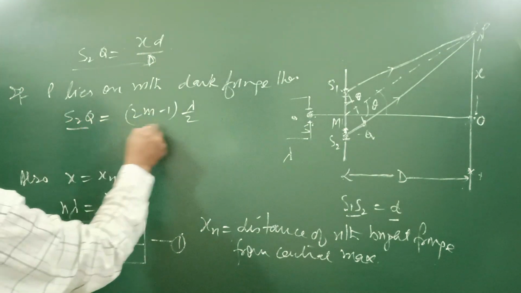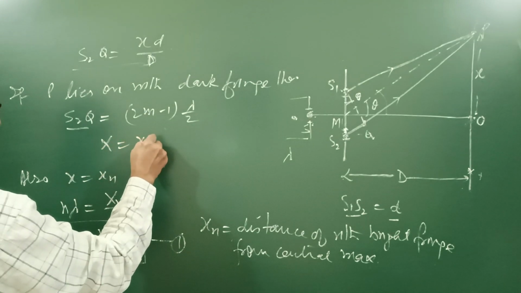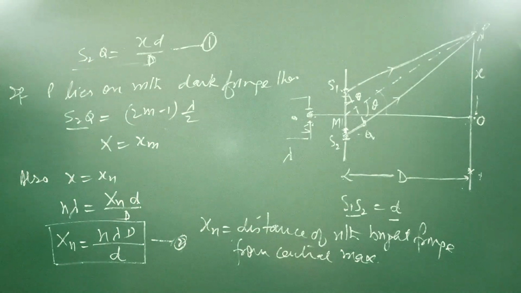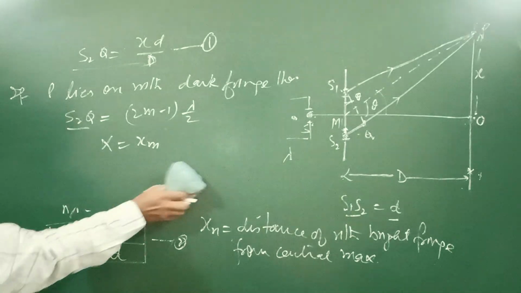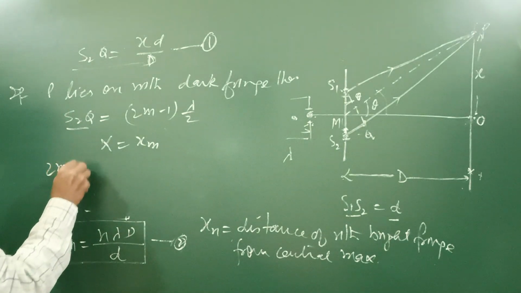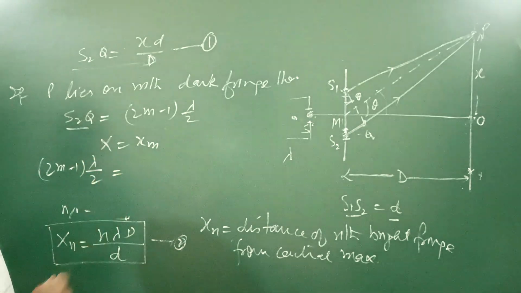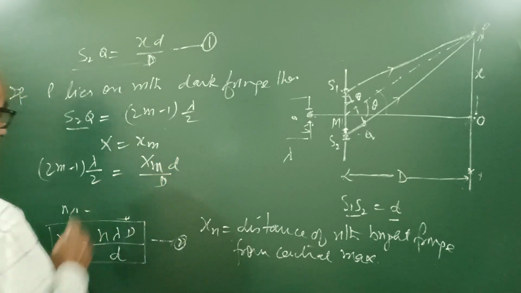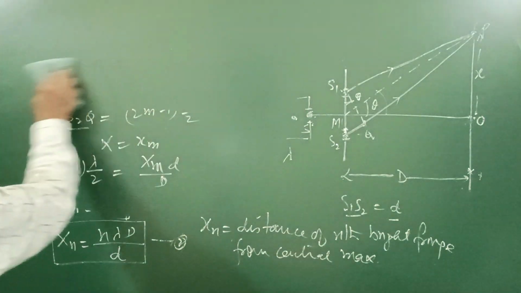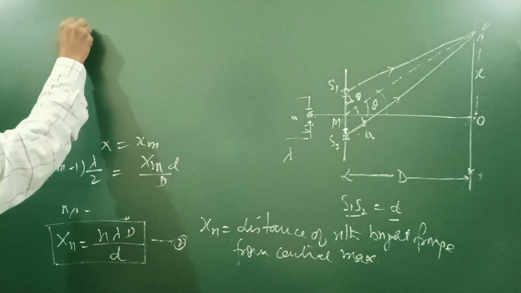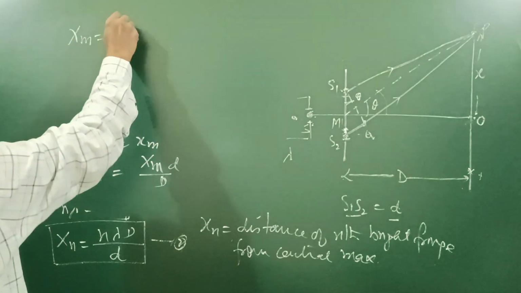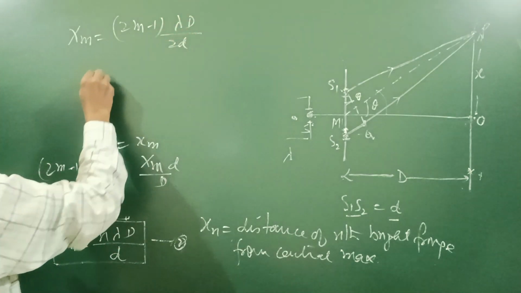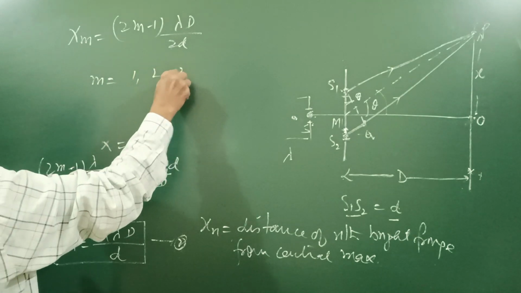Using S2Q this and X equal to Xm, ये 1 यहाँ लिखो और ये 2. तो ये वैल्यू यहाँ यूज किया हमने तो क्या मिलेगा? (2m minus 1) lambda by 2 is equal to Xm into small d upon capital D, and hence from this Xm is equal to (2m minus 1) lambda capital D upon 2d. Here m is equal to 1, 2, 3, 4.